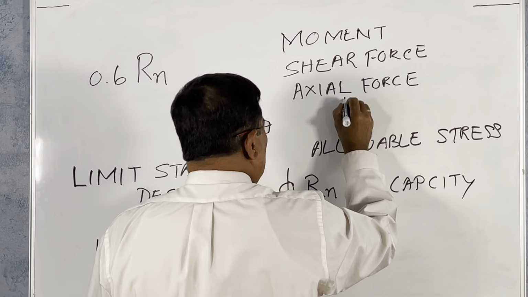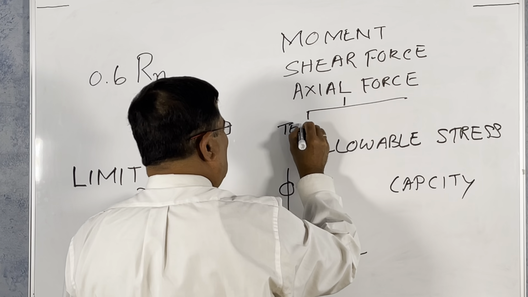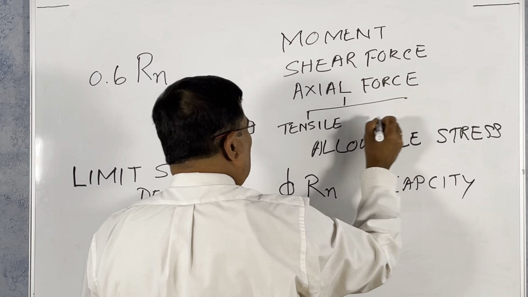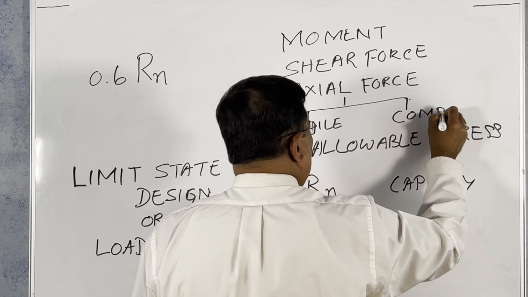Axial has two: one is tension or tensile, and the other one is compressive.